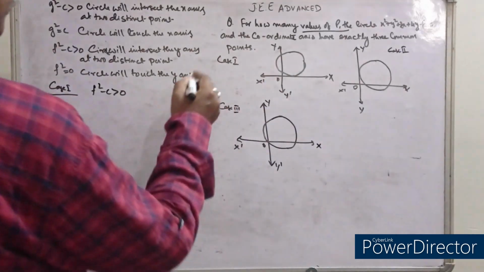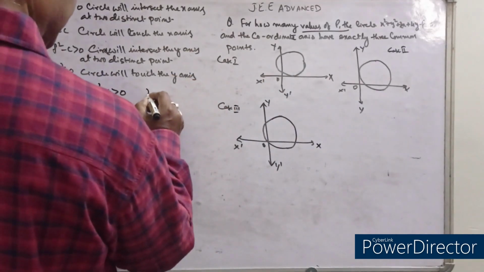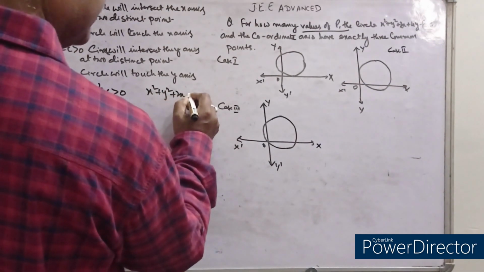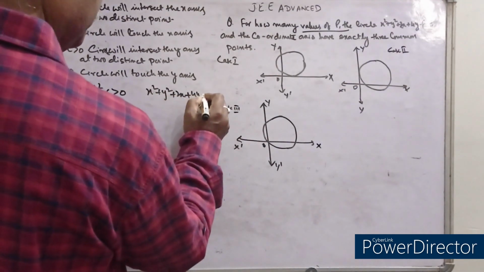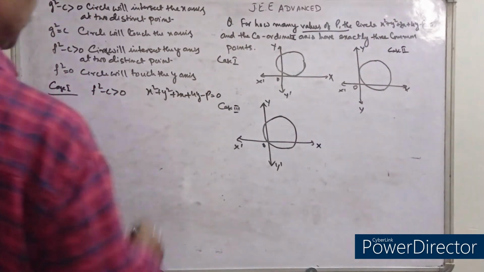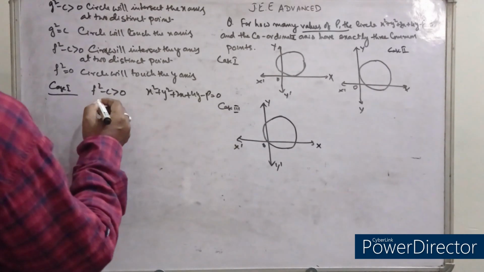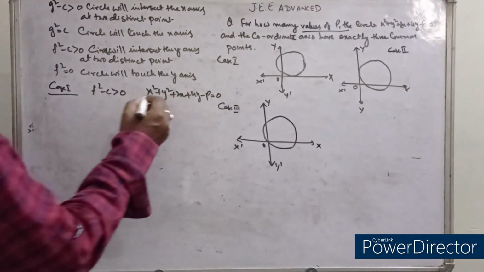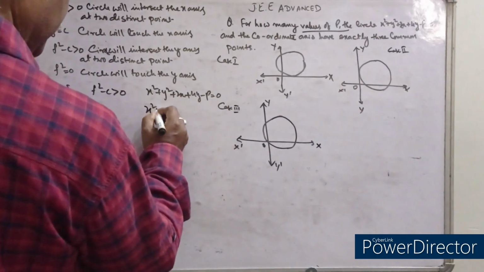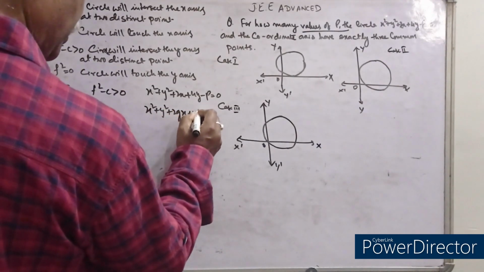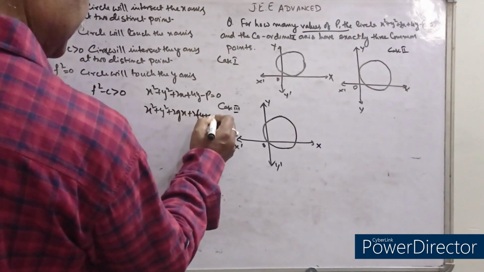So now your equation given here is x square plus y square plus 2x plus 4y minus p is equal to 0. And the general equation of a circle is x square plus y square plus 2gx plus 2fy plus c is equal to 0.